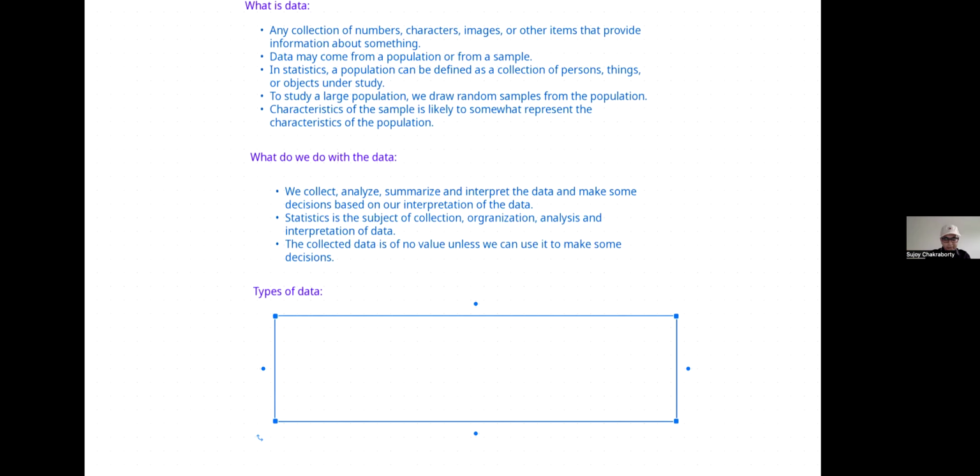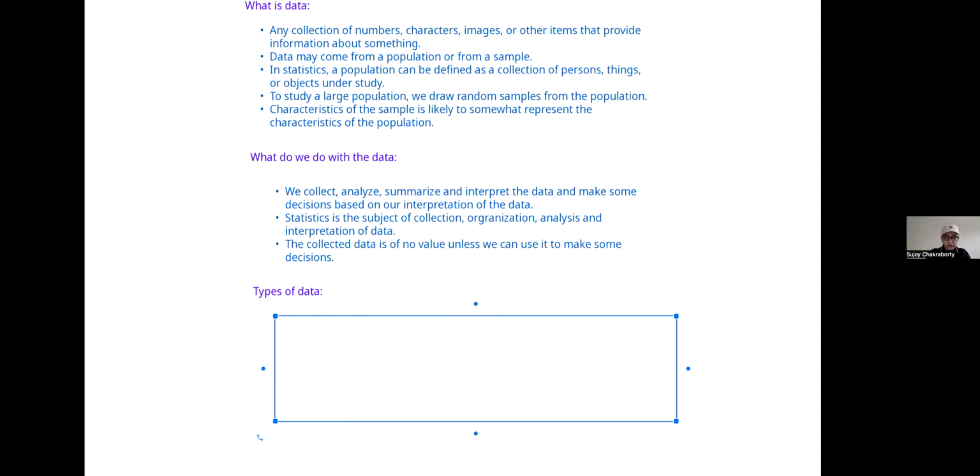For example, say we collect zip codes. Zip codes are typically numbers, but we cannot add or subtract two zip codes to get a third zip code. That has no meaning because this is not quantitative data, it's categorical data or qualitative data.